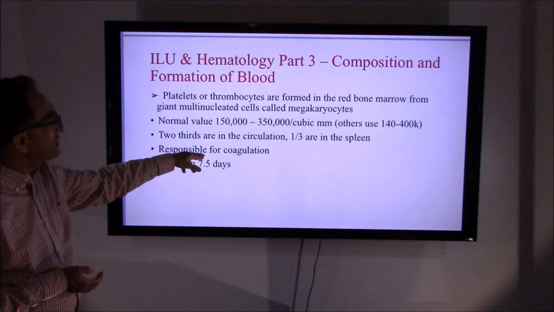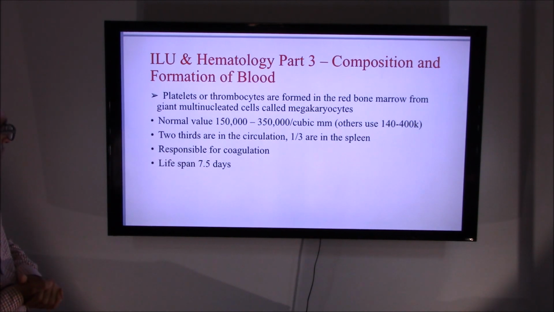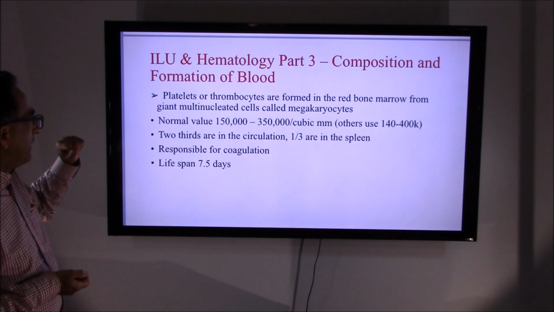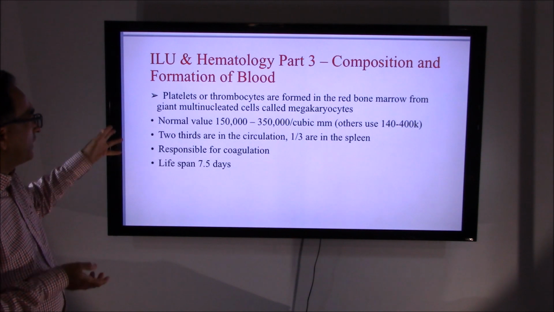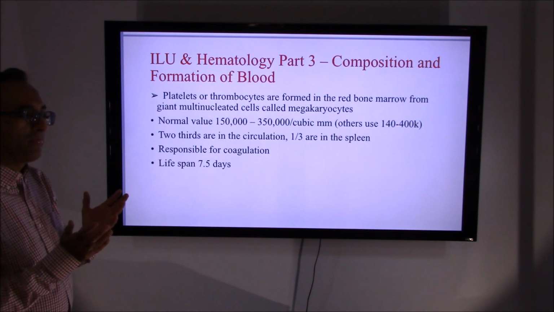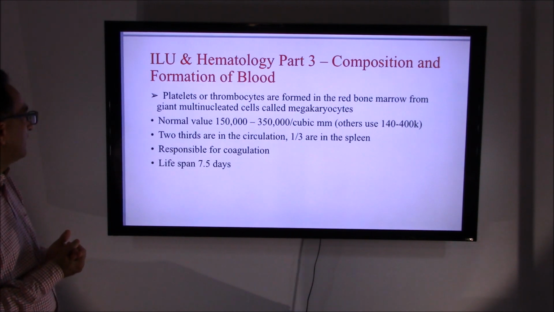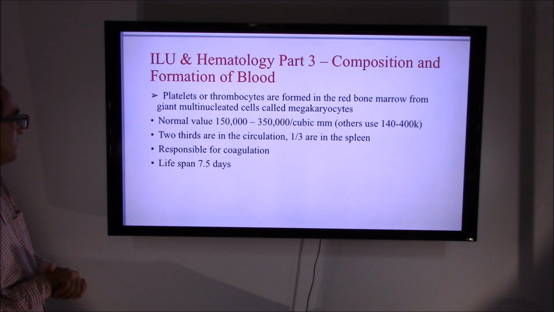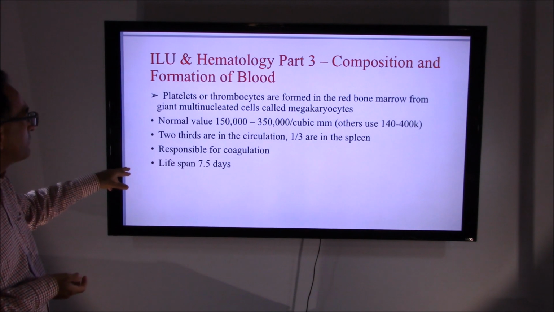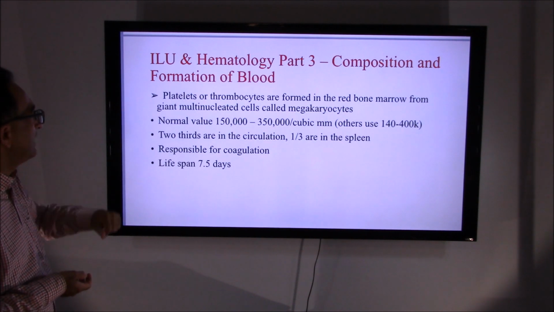We will have a separate presentation on the process of coagulation, but suffice to say here that they come to the rescue and prevent the bleeding that may happen due to injury or things like that. But we'll cover that in a separate session. And the general lifespan is about 7.5 days.